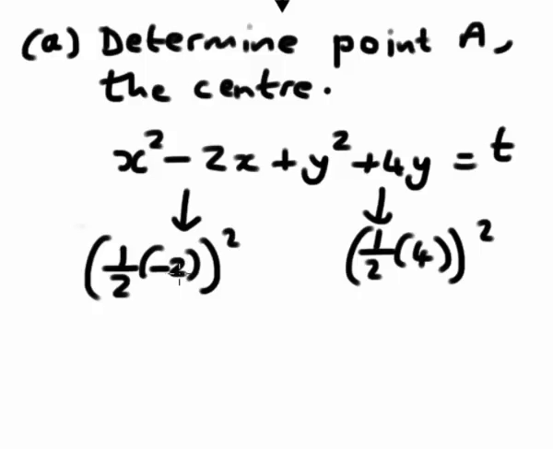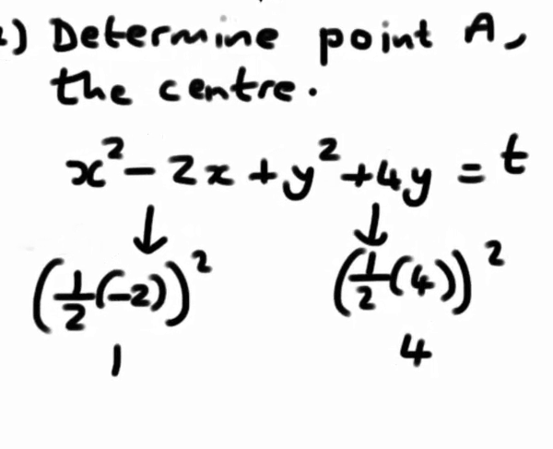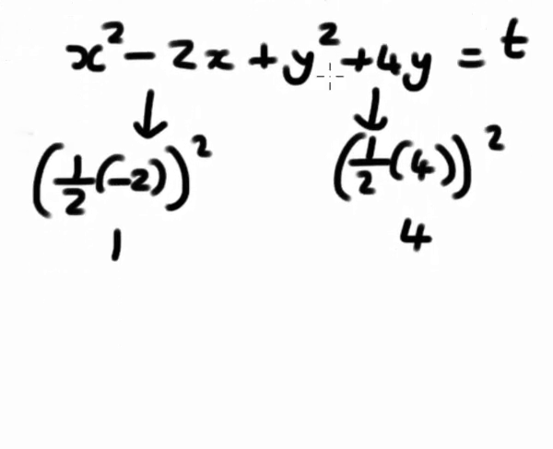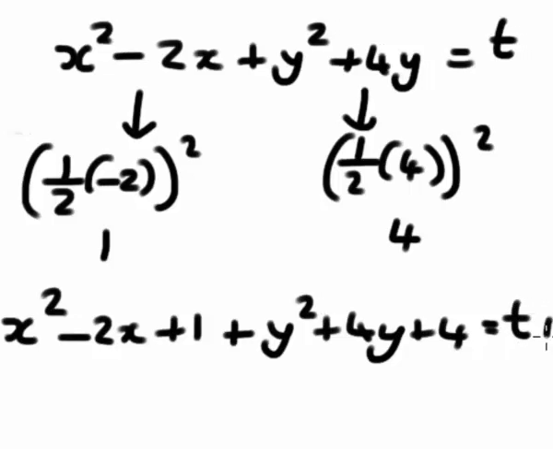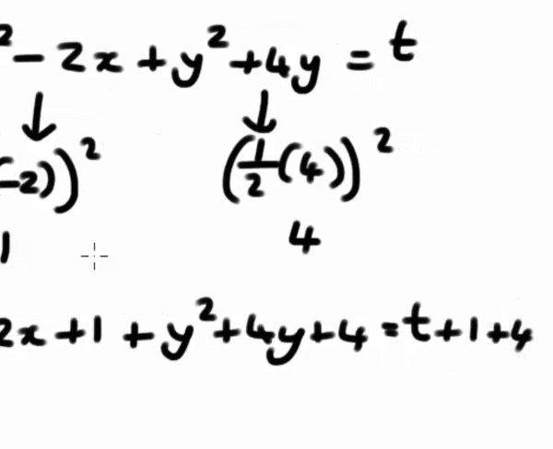Half of -2 is -1, squared is 1. Half of 4 is 2, 2 squared is 4. So we add these to the left and right: x squared minus 2x plus 1, then y squared plus 4y plus 4. On the right side we do exactly the same, so we add the 1 and 4. What we do to the left, we do to the right, and the t stays there.